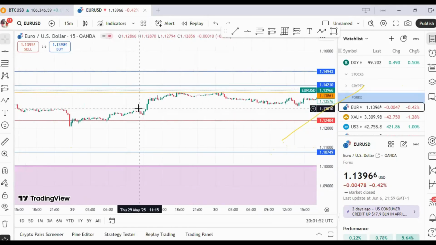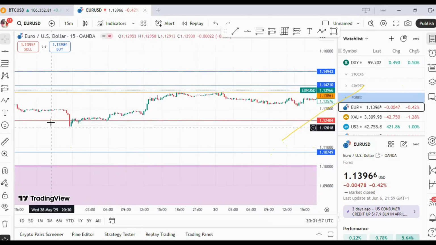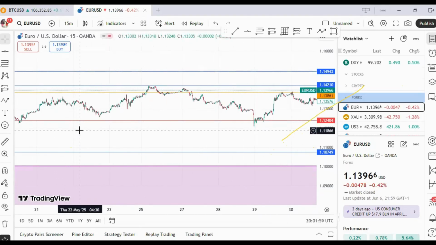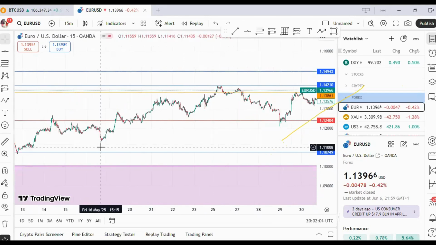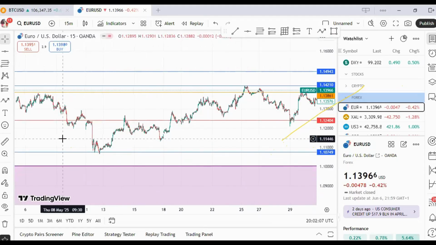Now, let me give you another one. Look at it. It broke, came here, started consolidating, then it bought. Just take note of these things, guys. This is a hack I'm giving you that works for me. Now, it came here, it consolidated, and it bought. It came here, consolidation, final drop.